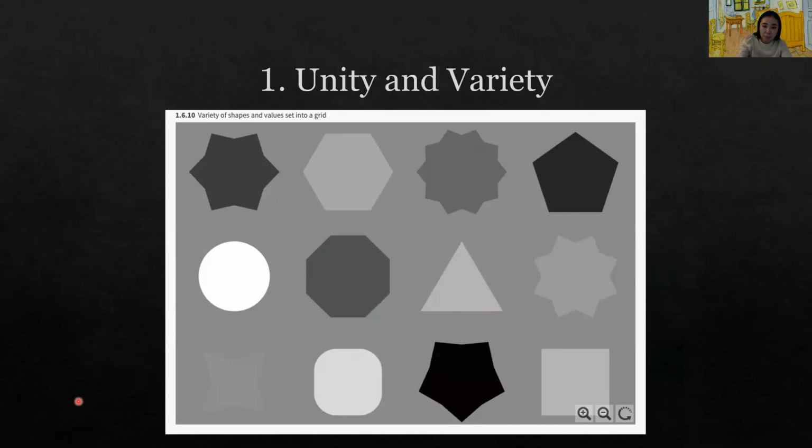This example shows a composition of shapes set into a rectangle on a grid like this. And even though the grid structure is predictable, the variety of shapes and values counteracts the rigid structure.